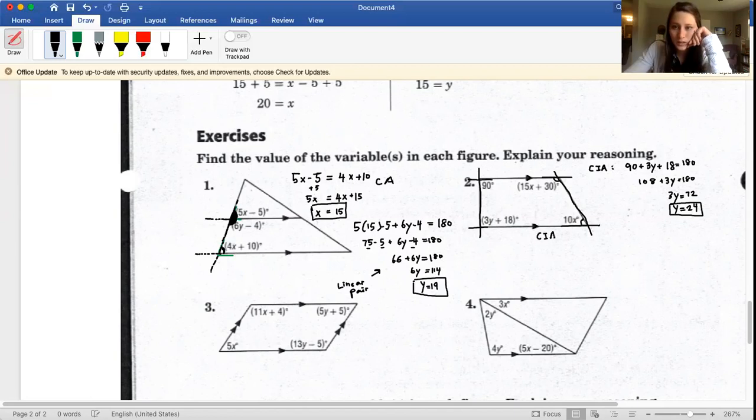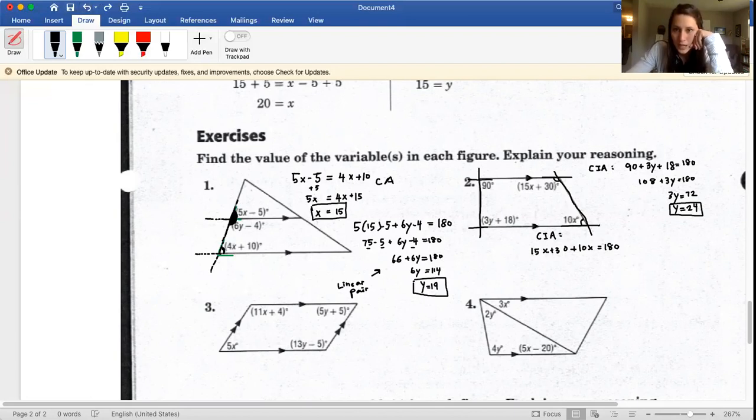So consecutive interior angles means that 15x plus 30 plus 10x equals 180. They add up to be 180. So if this were angle 1, this were angle 2, I would say angle 1 plus angle 2 equals 180, right?